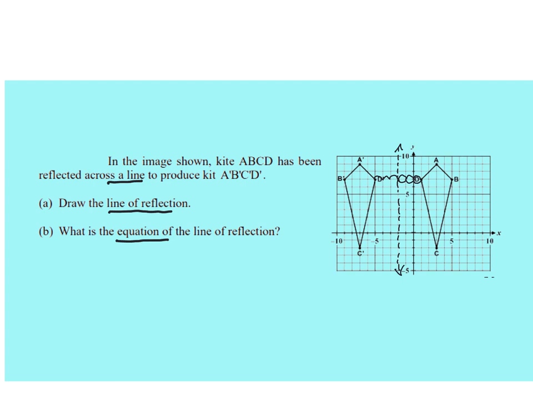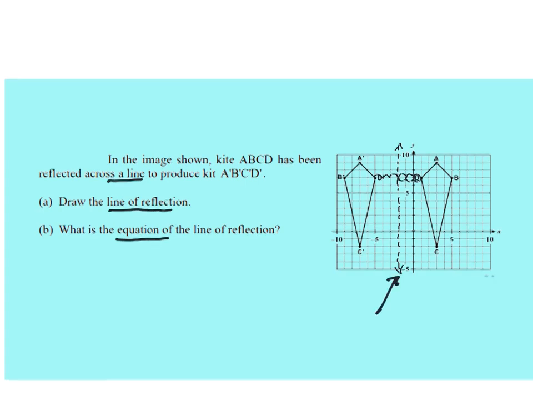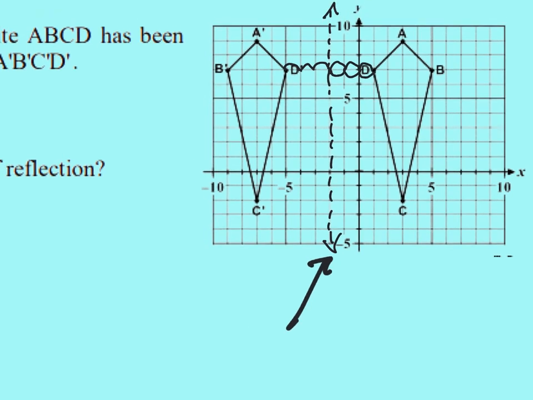Now it says, what is the equation? So with the equation, we have to say to ourselves, this is a vertical line. And what I know about this is that every single time, which coordinate stays the same? Is it my x or my y? And remember, it always goes x comma y. So I could pick any point, and I'm just going to pick this one.